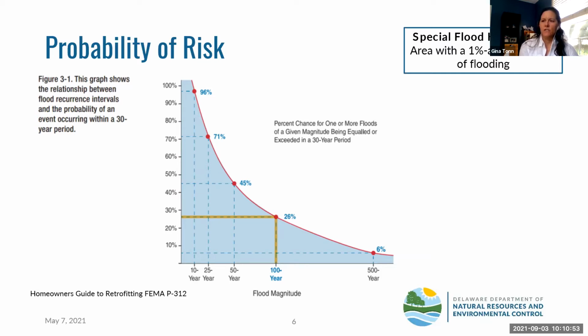And what this shows is that over a 30-year period, if you have a property that's located in the 100-year floodplain, there's a 26% chance or greater of having flood damage. So, 1 in 100 can seem like a really small number, but over a 30-year period, it's 26% chance or greater. So relatively high chance of having flood damage at one of those properties.